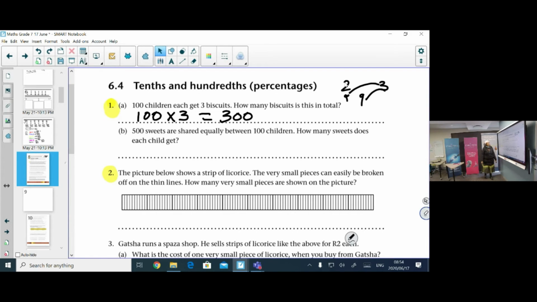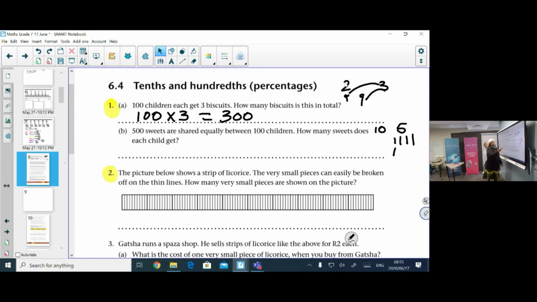500 sweets are shared equally among 100 children. How many sweets does each child get? In a similar way, suppose we have 10 sweets and maybe 5 children. If you give each one 1, you are left with 5.